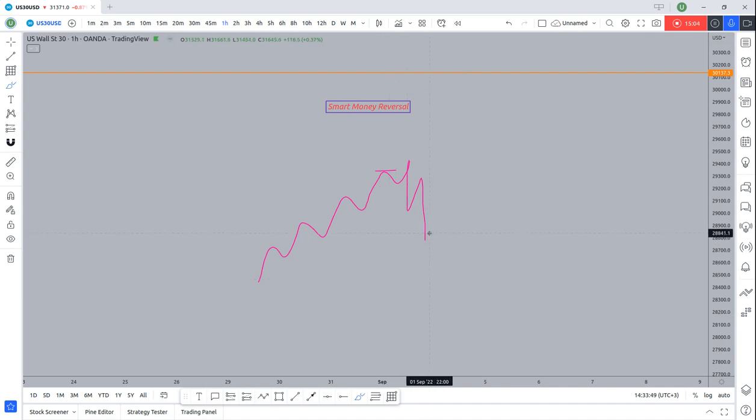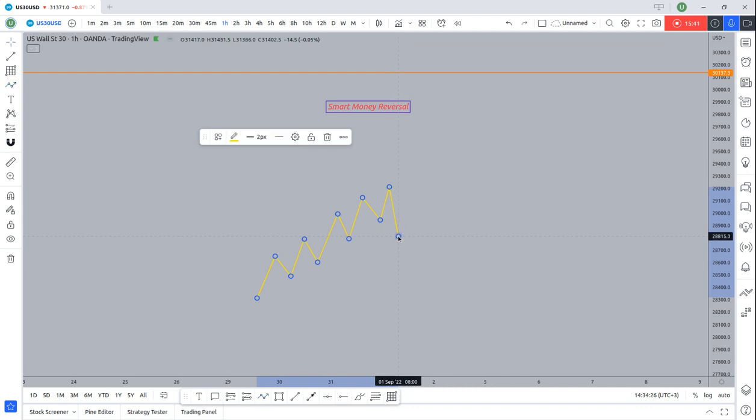If I were to use the path, it will be like this: higher high, higher low, higher high, higher low, higher high, higher low. And when we hit an area of value or a liquidity grab is taken, instead of price creating a higher low to create a higher high, it breaks this low like this.